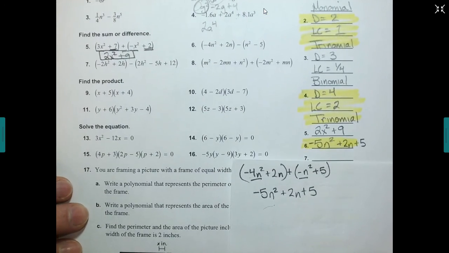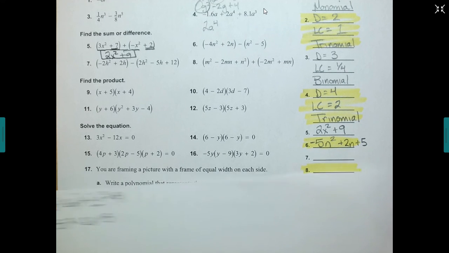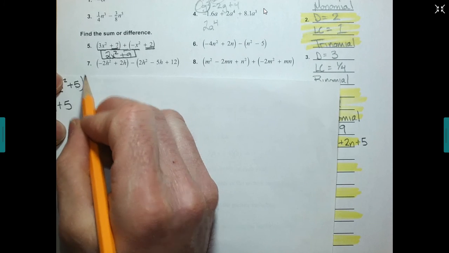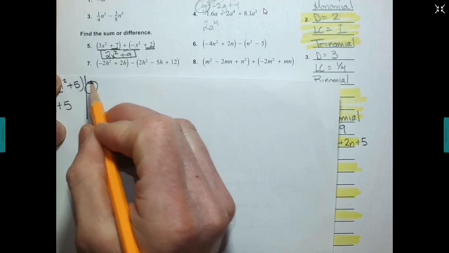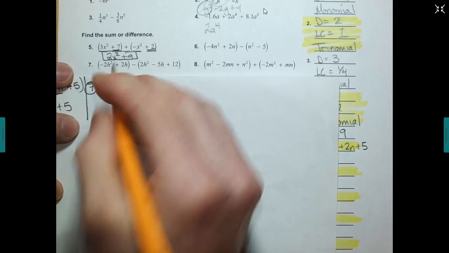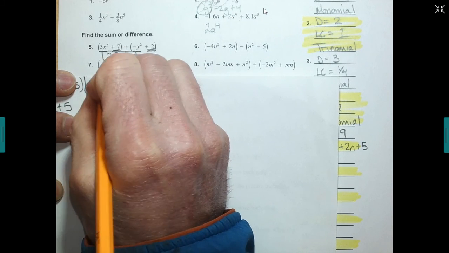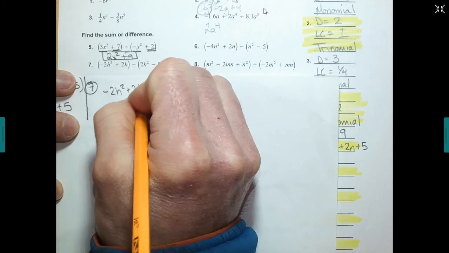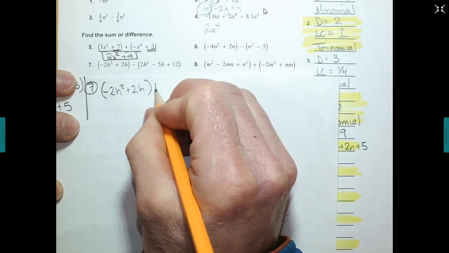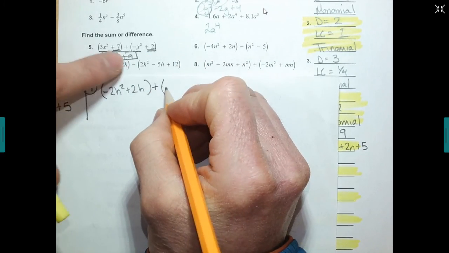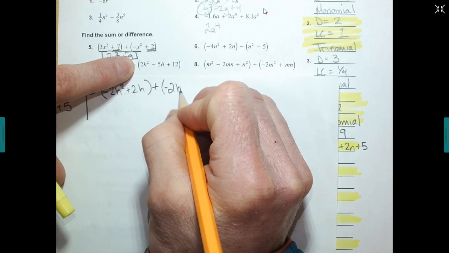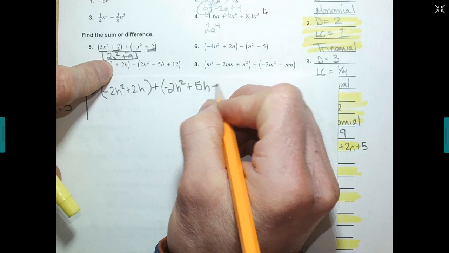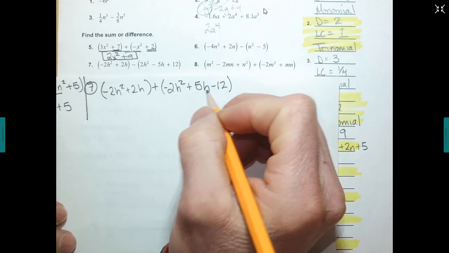All right, next up we've got number 7. Okay, this is another one where I'm going to add the opposite. So I have this one, I leave the same, -2h squared plus 2h. And I'm going to add the opposite. So I have -2h squared positive 5h negative 12.